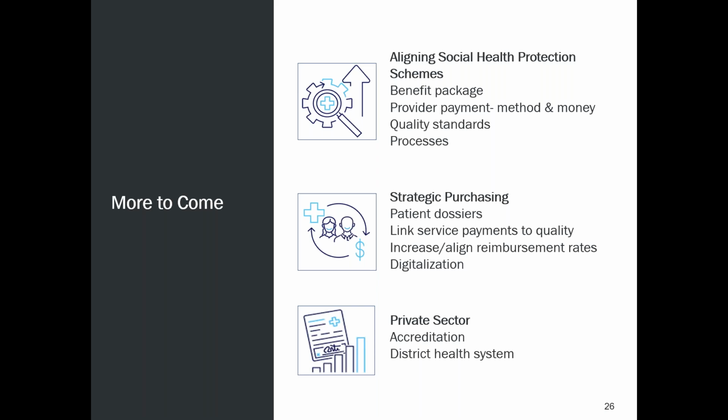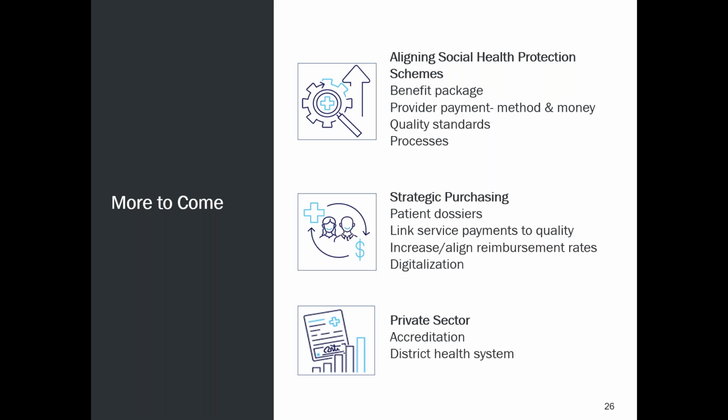That should feed into the possibility for strategic purchasing, by which health services are purchased against a certain set of standards, which has now been facilitated by the recent introduction of patient dossiers. Each public hospital should keep a file for the patient describing the diagnosis and the treatments provided, so they can be compared with standard treatment guidelines. In this case, we can link payments to the quality provided, as set by the standard treatment guidelines.